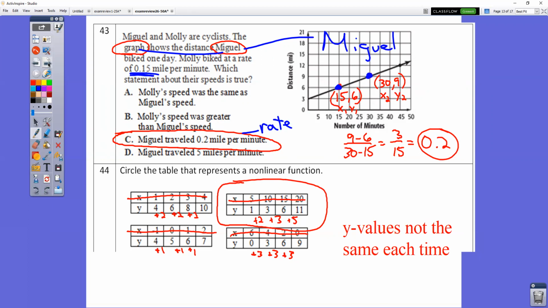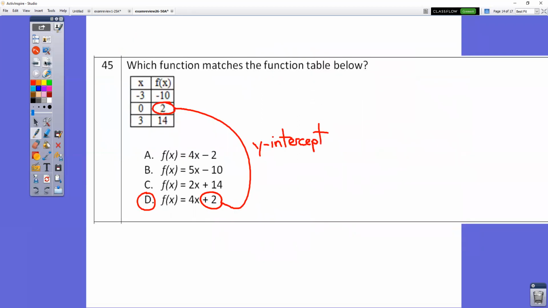They're constant. They're increasing at the same amount. That would form a straight line. This one, however, we're adding by 2, adding by 3, adding by 5. You're not adding by the same number each time or subtracting by the same number each time. So this one would be the one that is not linear because it's not going up by the same amount.